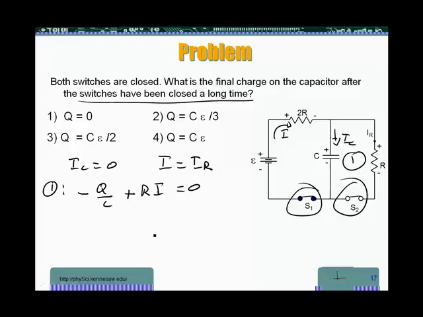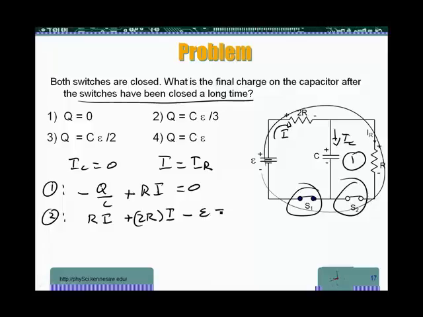Now I'm going to do the outermost loop counterclockwise as well. For the outermost loop, I'm going to start at R I plus twice R times I minus E is equal to 0.